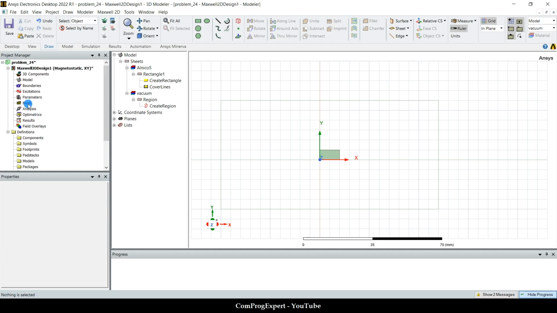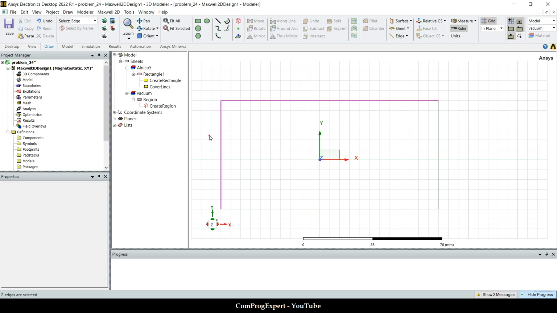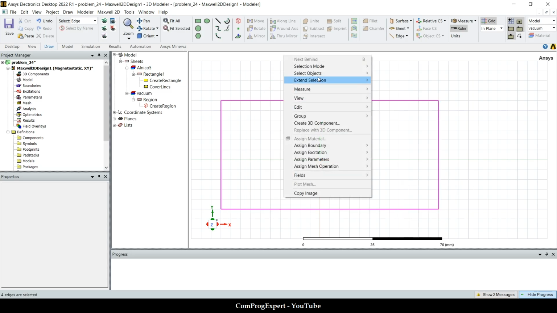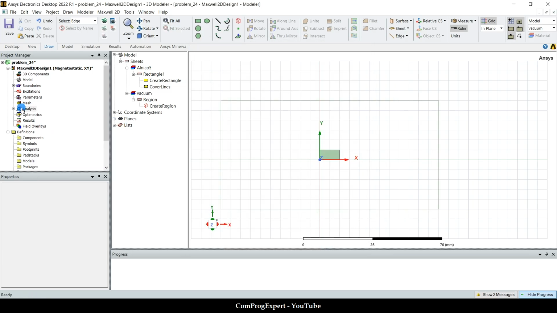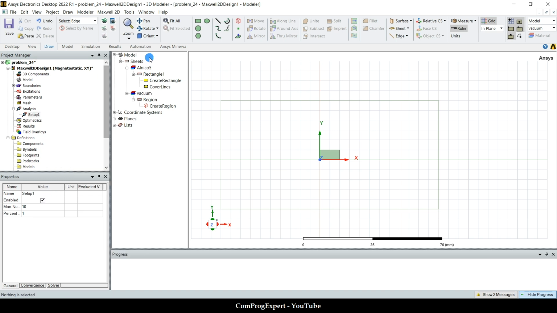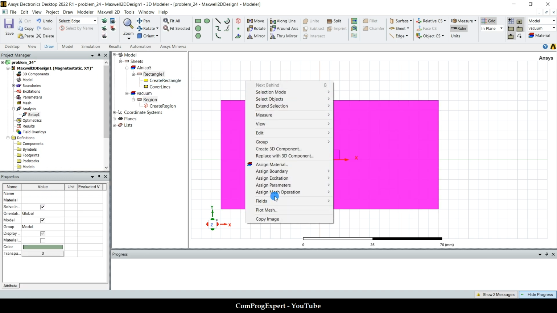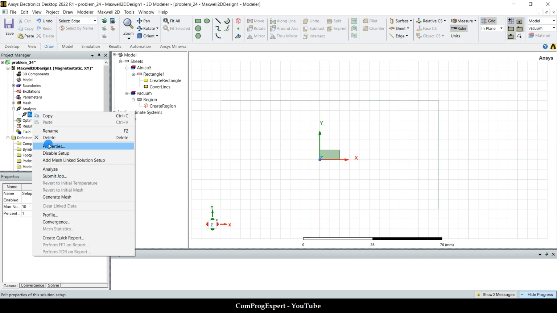So let's add this boundary condition, select edges and vector potential 0, add solution setup, and we can solve the problem. Also, let's select all and apply a mesh operation, let's say 2 millimeters. Analyze.